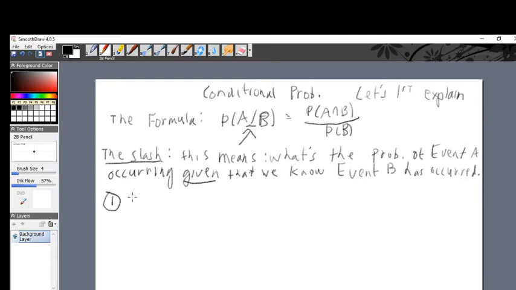Okay, so let me show you a problem. Here's the experiment. Two dice are tossed on a table.